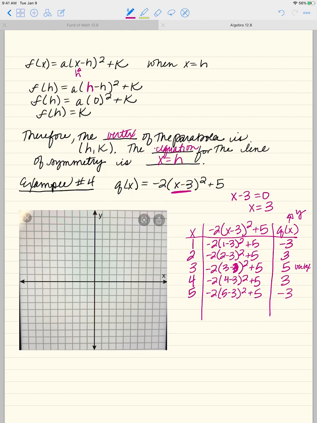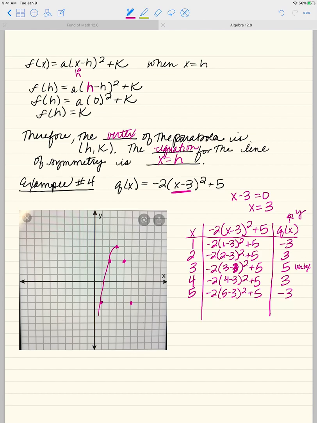Now go ahead and graph your points. We have 1, -3. We have 2, 3. We have 3, 5. We have 4, 3. And we have 5, -3.